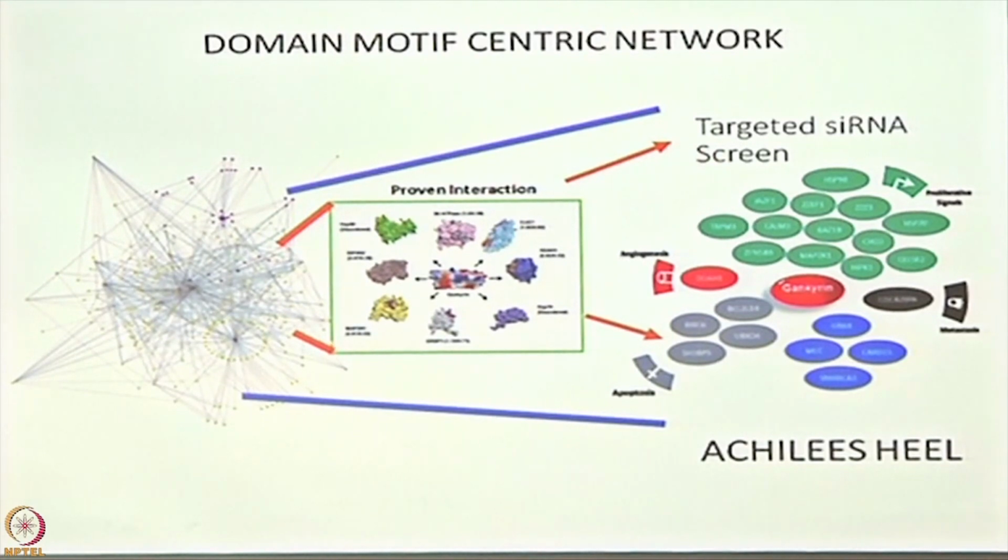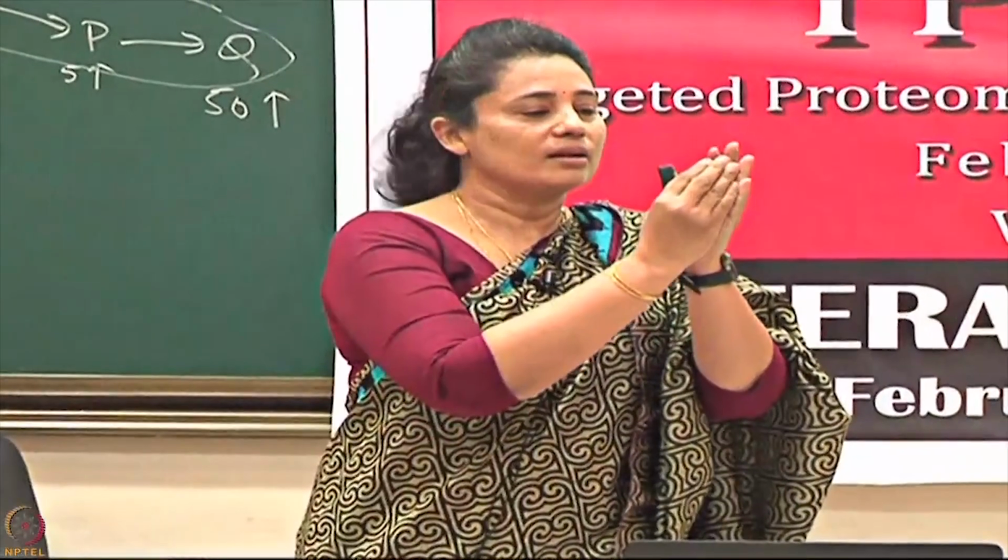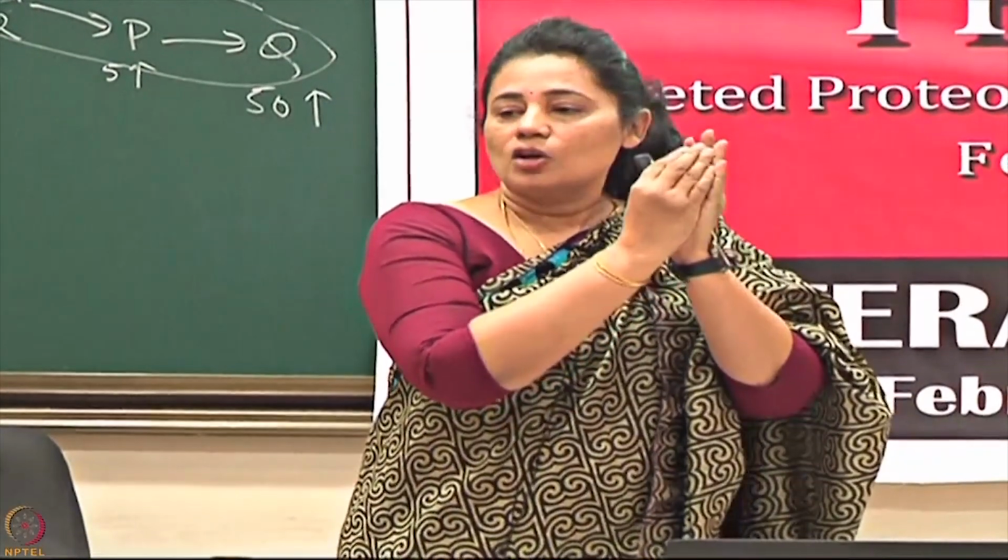So if you consider that there is a domain and a motif, and these are interacting through a conserved interface, what most of the time happens is that hubs generally borrow this common interface. For example, I have residues like EEVD, which will come in the context later. There are 4 residues at the interface in this complex.